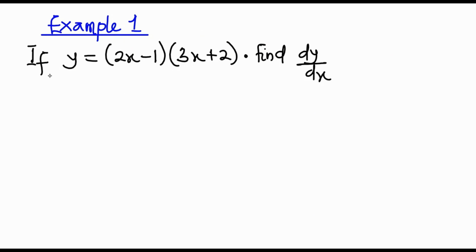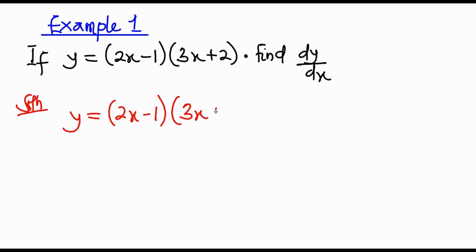Example 1 says that if y is equal to 2x minus 1 multiplied by 3x plus 2, find dy/dx. So here we have our solution. Since we are going to apply the product rule, we first have to write the product rule, and then we look at the necessary parameters we are going to require in solving it.